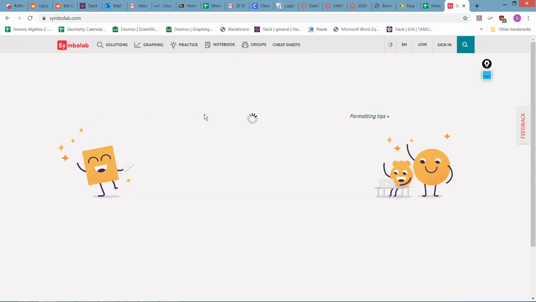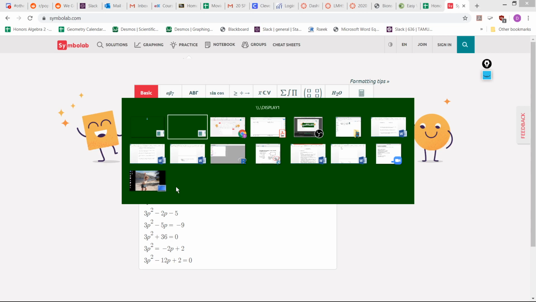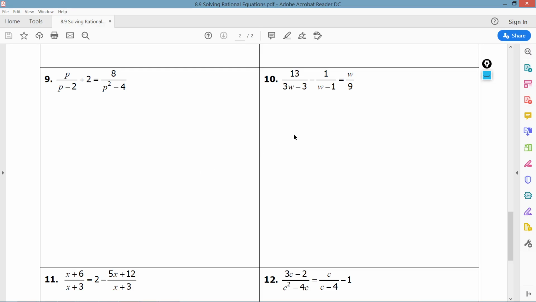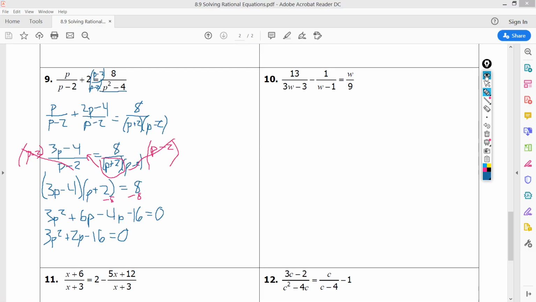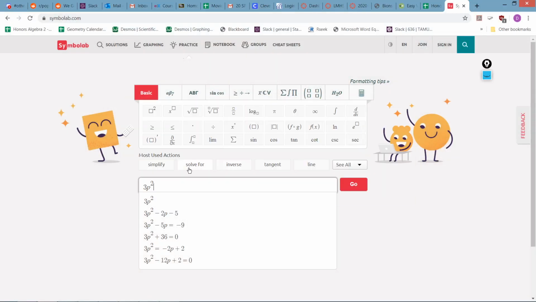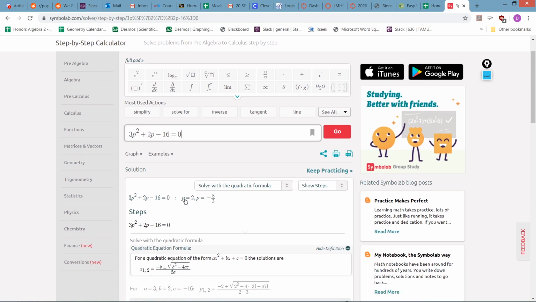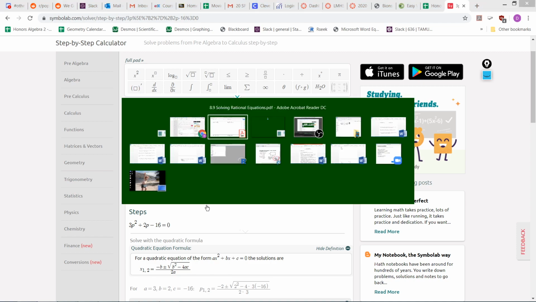Let's just symbol lab this. Was it minus 2p? Oh, hold on. Plus 2p. Boom, let's do it. That's a factor. Look at that, wasn't that nice? So our answers are p equals 2 and p equals negative 8/3.